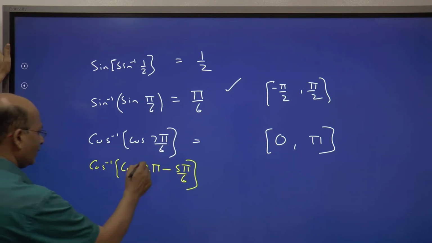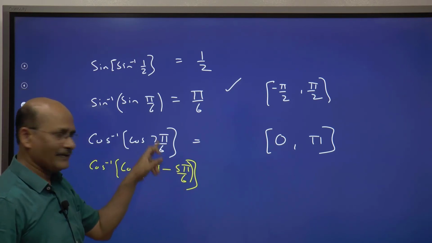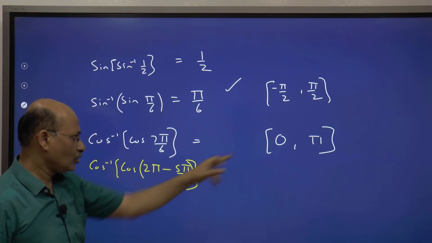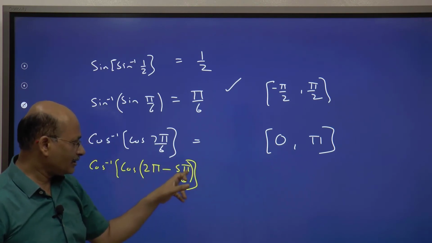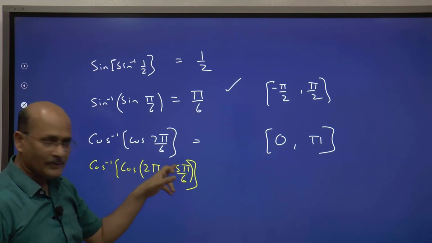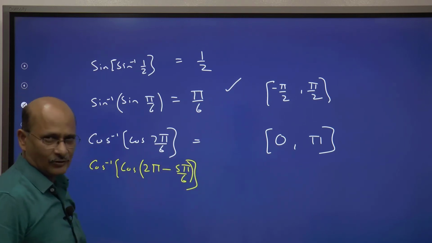Just see what is happening now. 6 twos are 12, 12 pi minus 5 pi is 7 pi by 6. Now 5 pi by 6, for the cos inverse ratio, 5 pi by 6 means 150 degrees, correct? So this comes in the principal value. So 5 pi by 6 would be the answer.